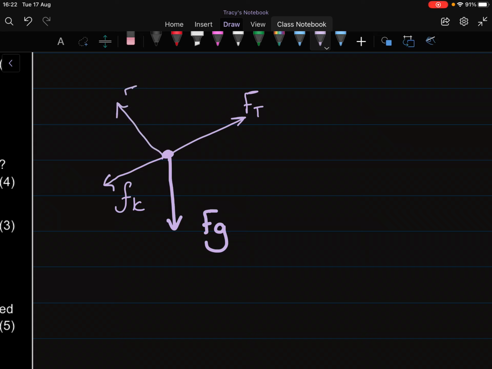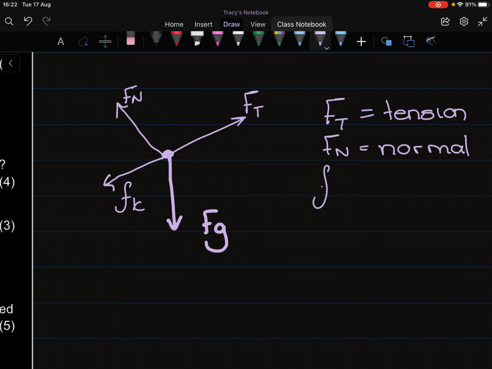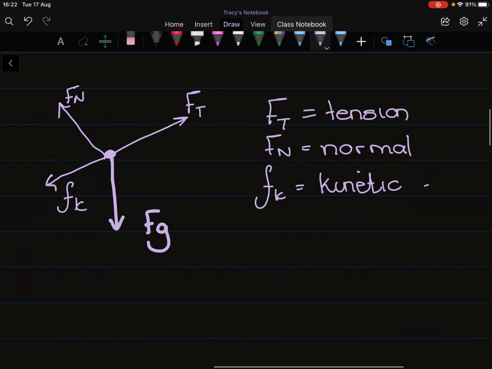And then, of course, we've got FN, which is the normal. Fk, which is kinetic friction. And of course the usual Fg, which is gravity.